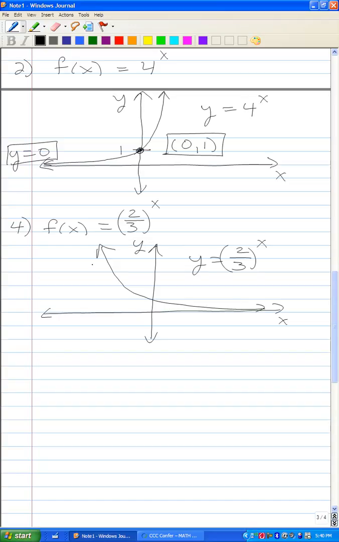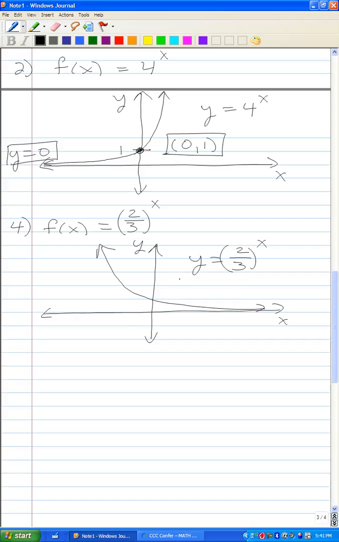At -2, sorry, it'll be 9/4, so just a little bit over 2. At -1, it'll be 3/2, so 1.5.